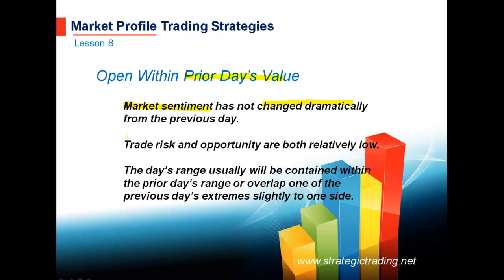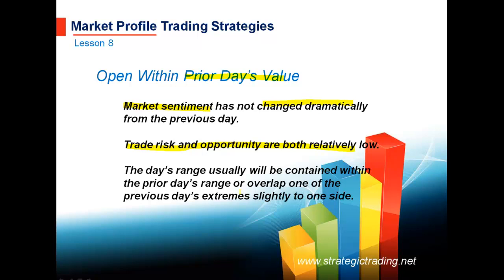It also tells me that trade risk and opportunity are both relatively low. Why is trade risk low? Because the market really isn't moving. It's not moving in any particular direction. So if I take a trade and I'm within the value area, whether it's a short or a long, if I'm just after a small gain, I'm probably going to get it as long as I am within that value area.